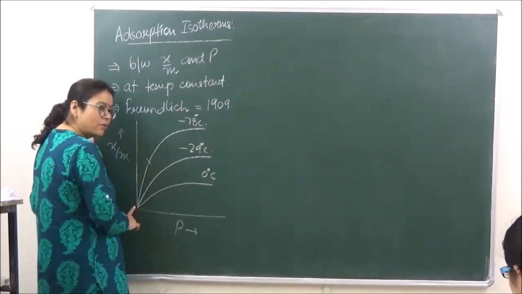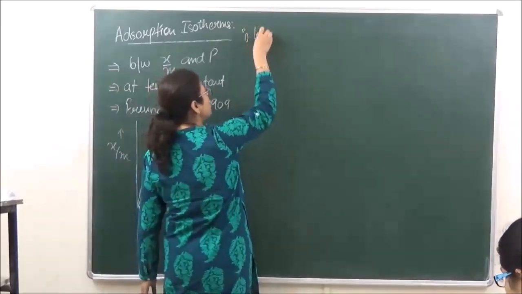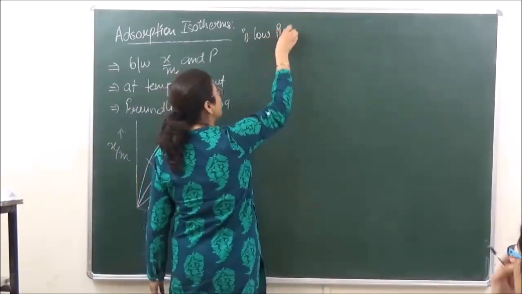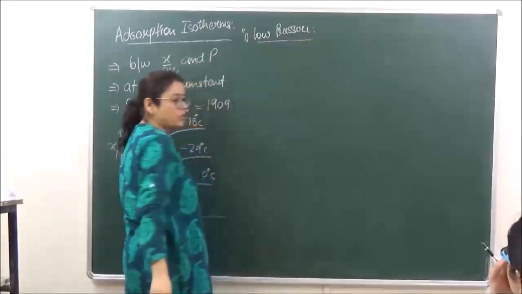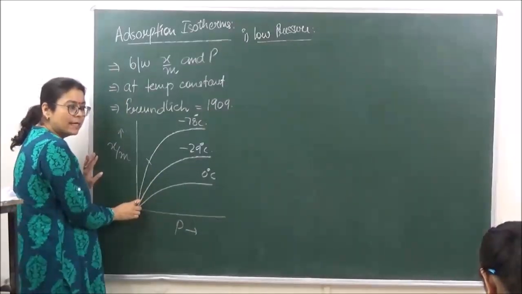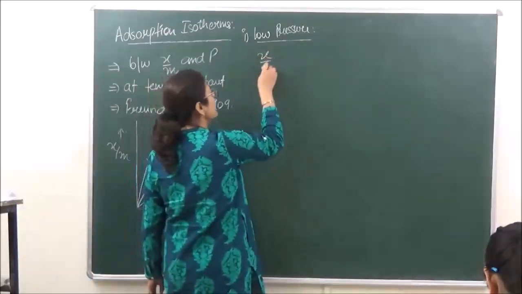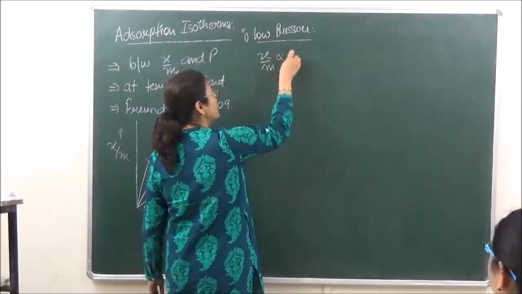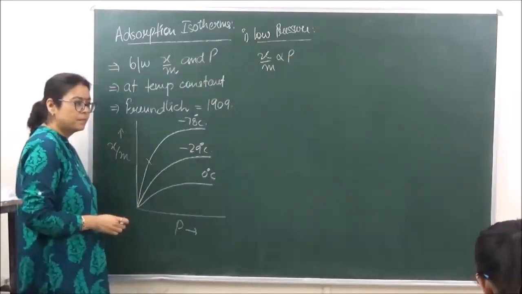This is the range at low pressure. When we are talking about the range of the graph at low pressure, you can see over here that the graph is almost coming as a straight line. Okay, so at low pressure the expression given was that x upon m is directly proportional to pressure. ठीक है?